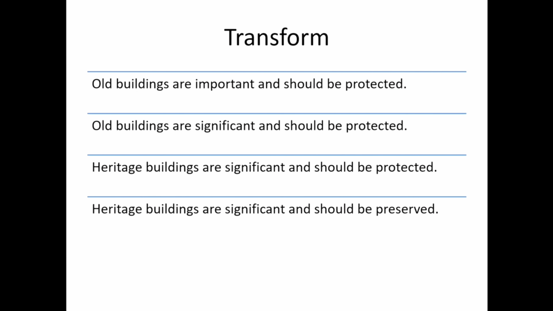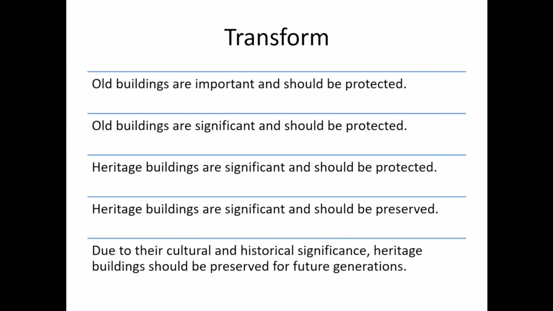You keep it good. And last one, we want to use other grammar also, and this time we want to use some linking words. We've got passive already. Let's put in a linking word, make the sentence flow. So "due to their cultural and historical significance, heritage buildings should be preserved" for whom? For future generations.